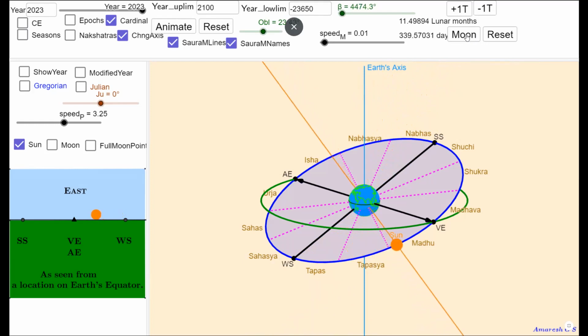Just as a quick introduction, I'm going to stop the sun when it completed one cycle. That's one solar year made up of 12 solar months. The solar year begins with the point of vernal equinox. The first solar month is the month of Madhava.